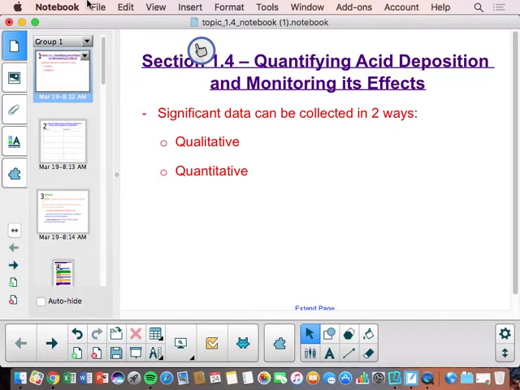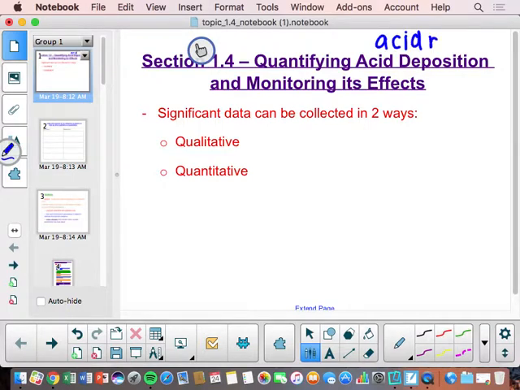Acid that's deposited in the soil. Perfect, yeah. And how is it deposited? Well, probably mostly due to acid rain. So that's how we would have acid deposition. I'm going to write that right here, acid rain. So it rains down and then it soaks into the soil, and then your soil becomes acidic.